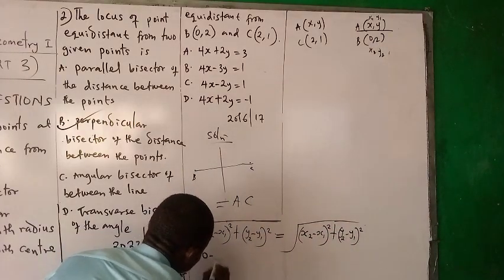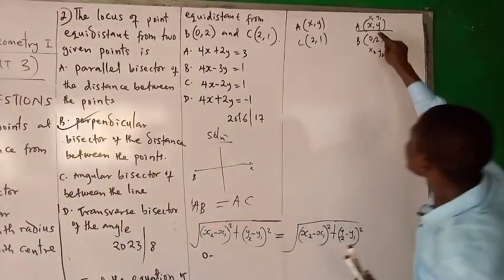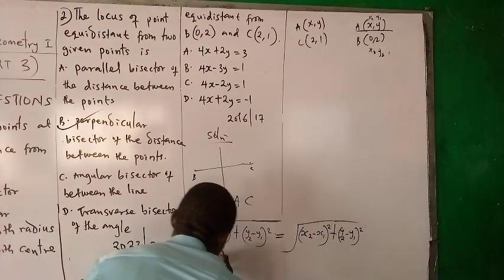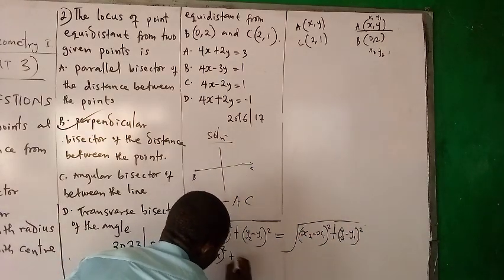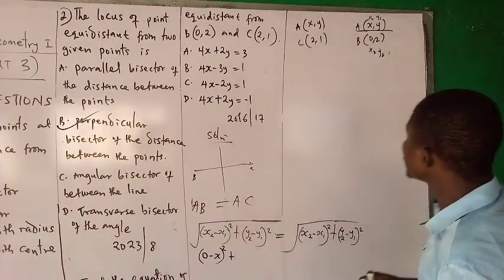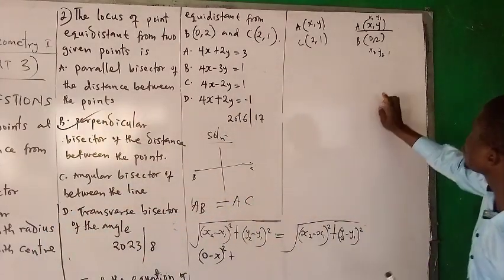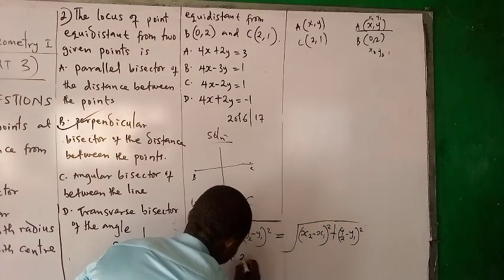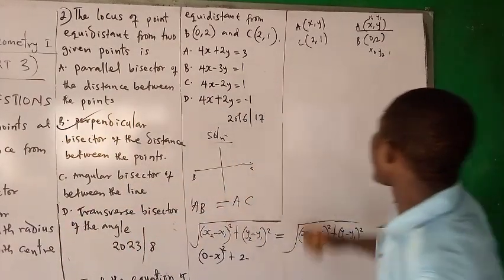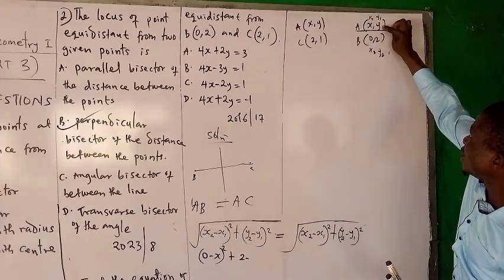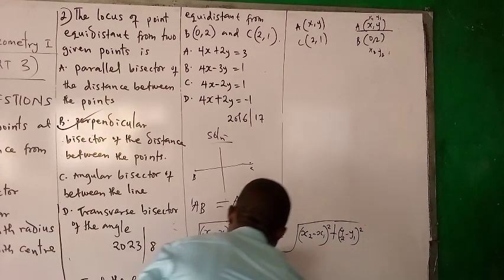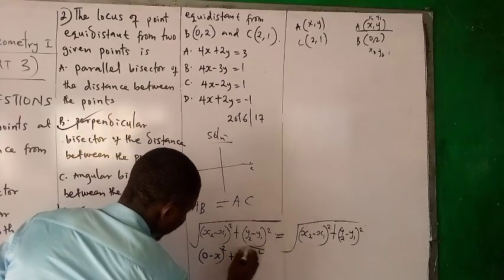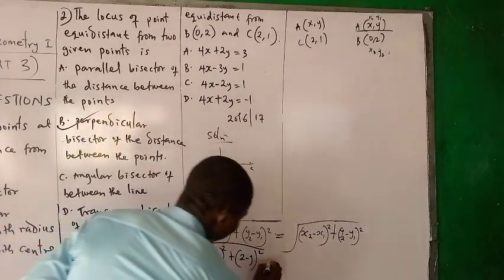So I'll write 0 minus x1, which is x. So I'll write x, then all square, plus y2. y2 is 2, so I'll write 2 minus y1, which is y. So I'll write y square. Remember to put your square root equal to.